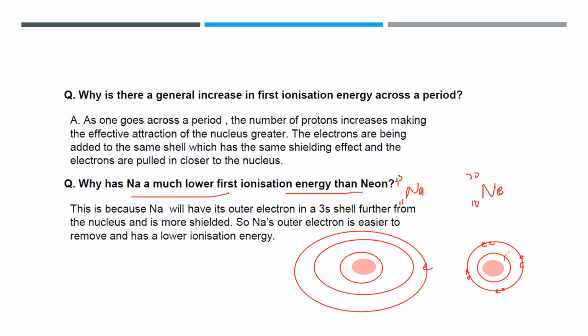In the case of neon, only 2 electrons are in the inner shell. But in the case of sodium, the first shell and the second shell, which has 8, so more inner shell electrons, greater shielding effect. So greater shielding effect, less attraction towards the nucleus. That's why the ionization energy for neon is higher compared to that of sodium.